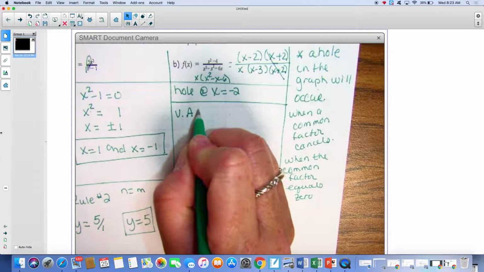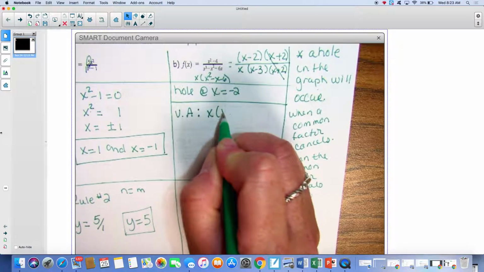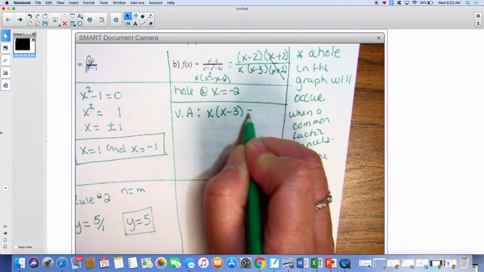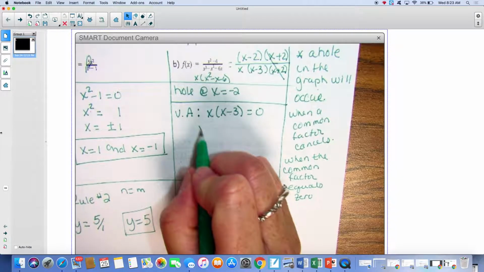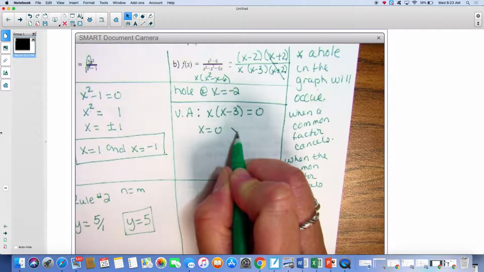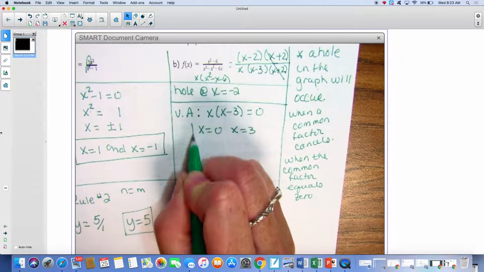Then our vertical asymptote is found where the remaining denominator equals 0. So this is found at x equals 0 and x equals 3.